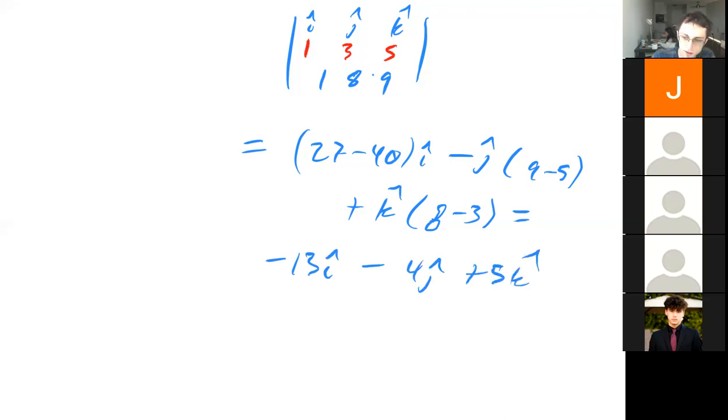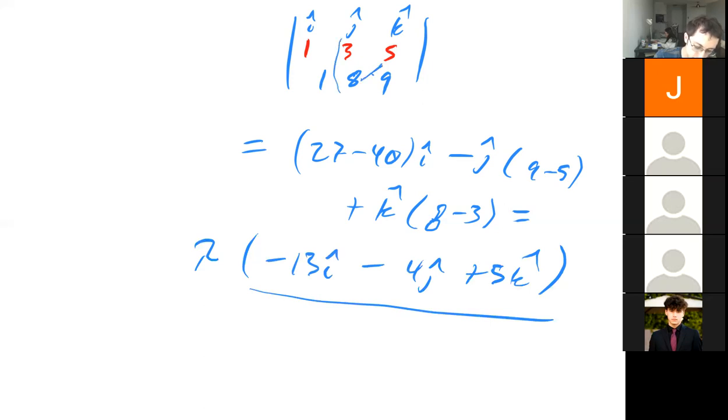Does everyone agree with that? Great. So now just rescale it however you want. You just multiply by some lambda and you're good to go, okay? 40 was from 8 times 5 in this minor determinant. Great.